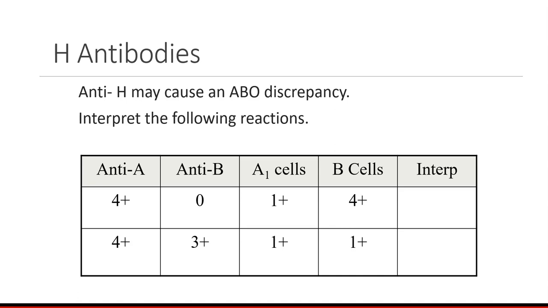And that will set us on a path of, maybe I have a weak anti-H, and I will do additional testing to prove that. So again, always interpret the forward and the reverse separately. And if they don't match, it's called an ABO discrepancy. In anti-H antibodies, the reactions in the reverse type are usually very, very weak, but you cannot transfuse this individual until you resolve the ABO discrepancy.